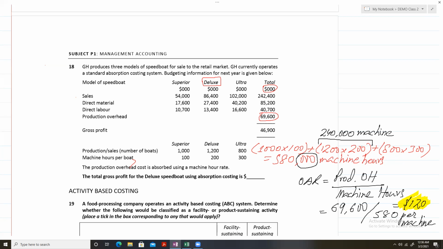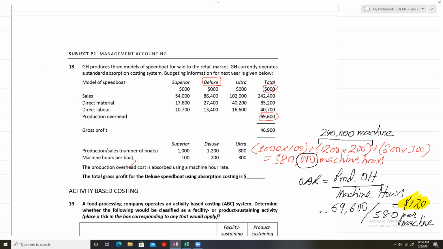Deluxe speedboat took 240,000 machine hours, and the cost of each hour is how much? What is the cost of operating machines for 1 hour? $120. Yes, good answer.